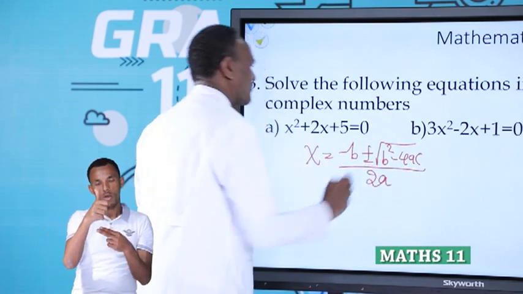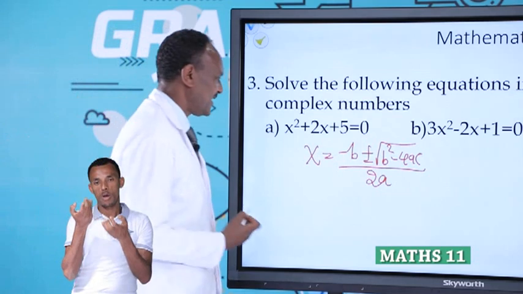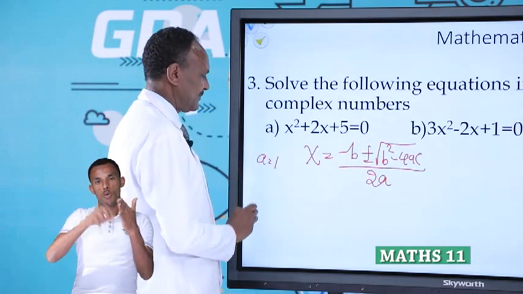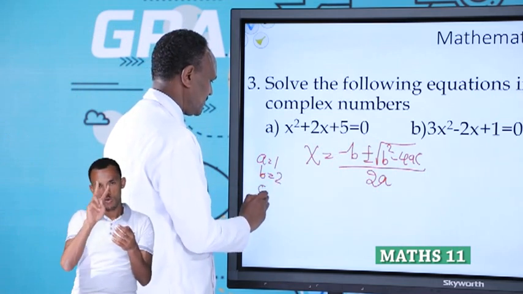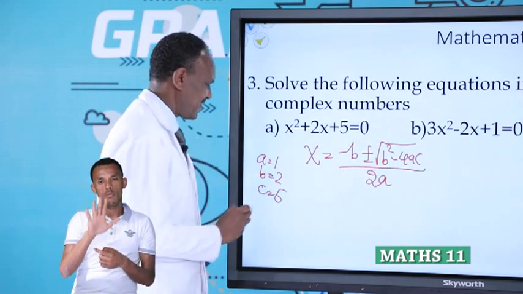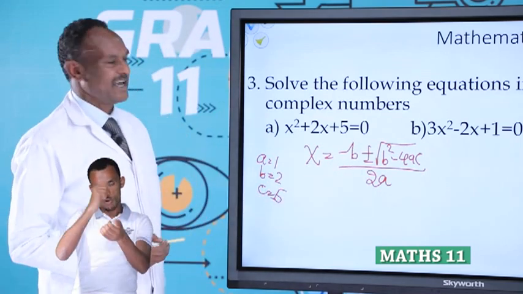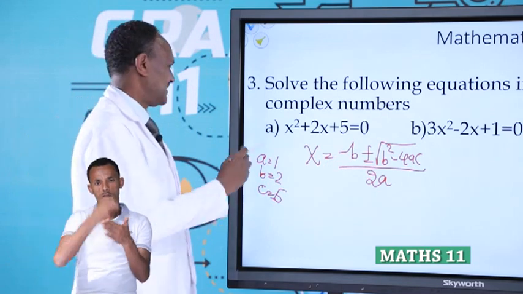It was the quadratic formula we learned before. If I want to use this formula, a is the coefficient of x squared, 1, b is the coefficient of x, 2, and c is 5. I know these 3 values. Then when I substitute, you will get a result. Let's see that.